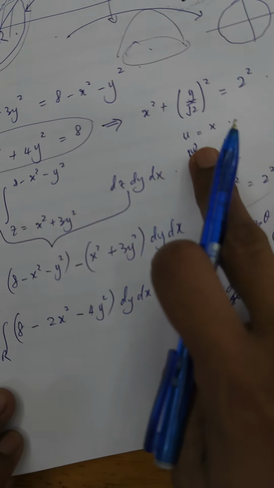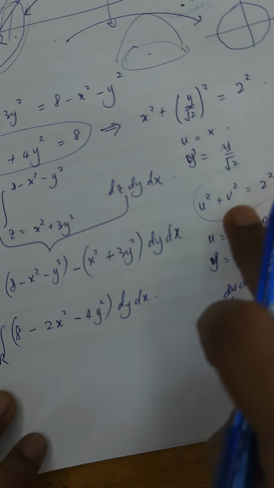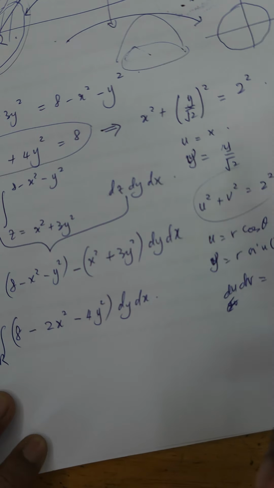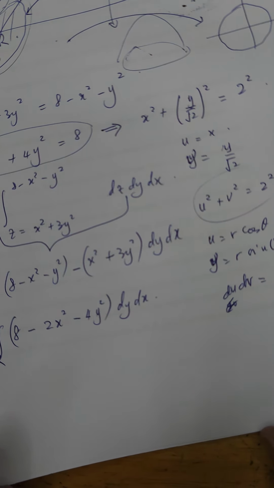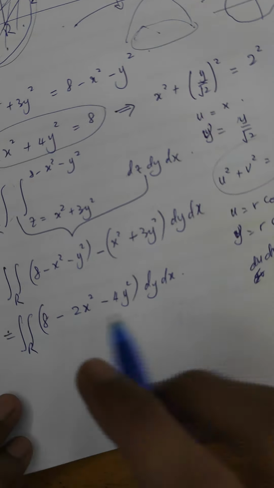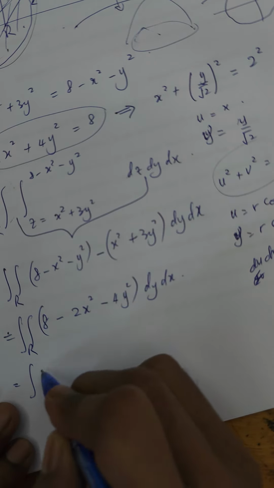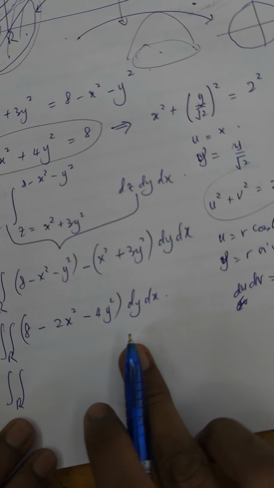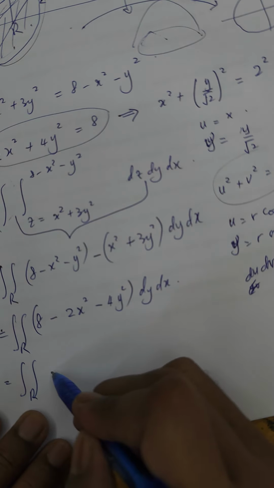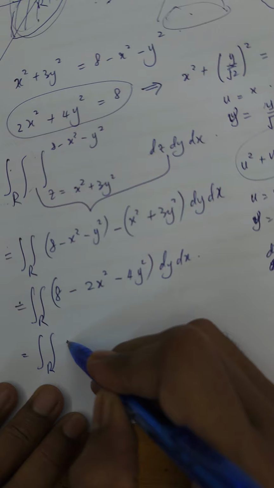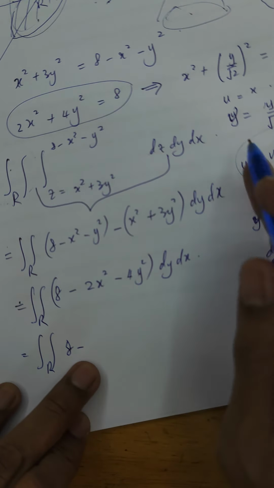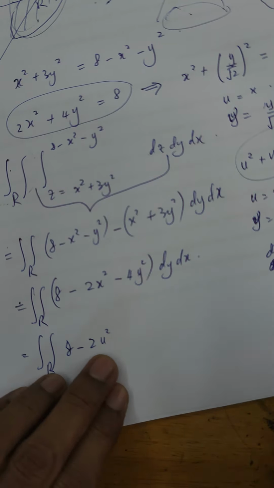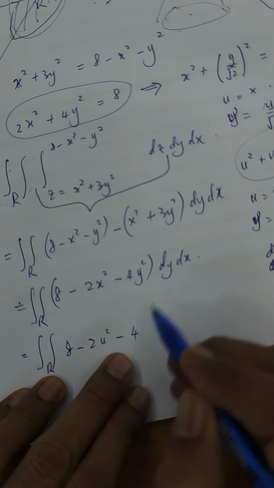Okay, then we do that transformation, u equal to x and v equal to y over square root of 2. So that will give you the integral over r of minus 2u squared minus 4y squared.